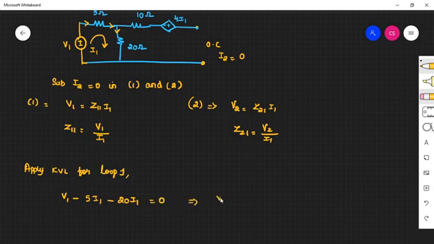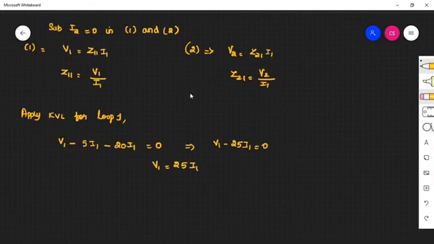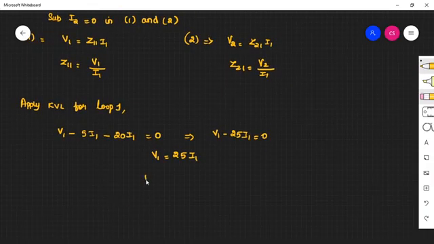This will imply V1 minus 25 I1 is equal to 0. V1 is equal to 25 I1, or we can write V1 by I1 is equal to 25. And V1 by I1 is nothing but the required value for Z11.